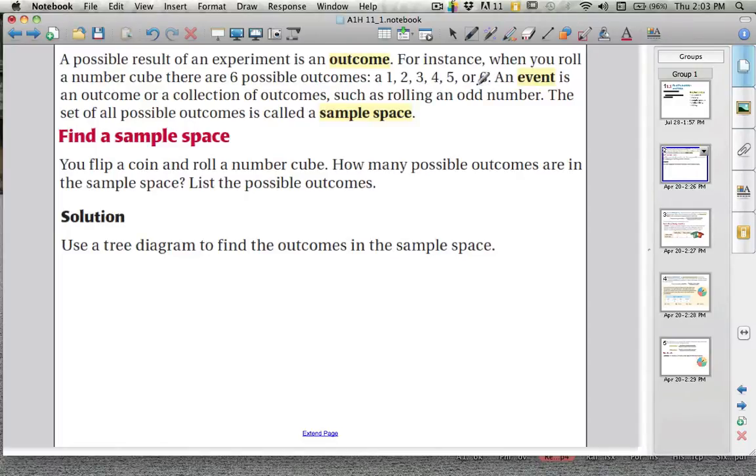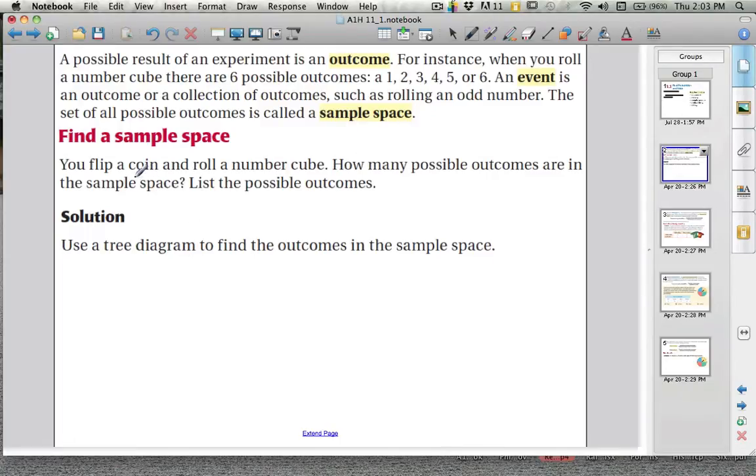Okay, so these are the possible outcomes, and an event is an outcome or a collection of outcomes, such as rolling an odd number. So I might want to calculate the probability of getting an odd number when I roll a dice. And the set of all possible outcomes is called a sample space.